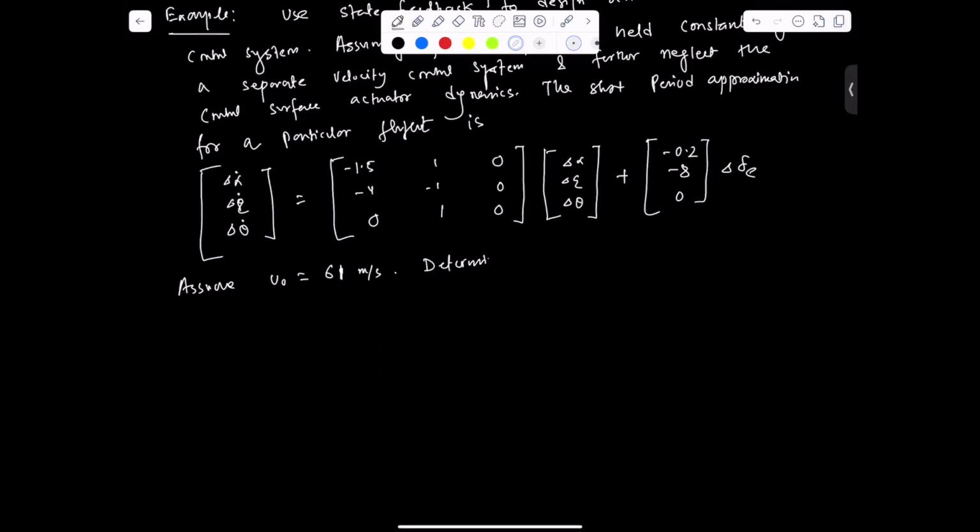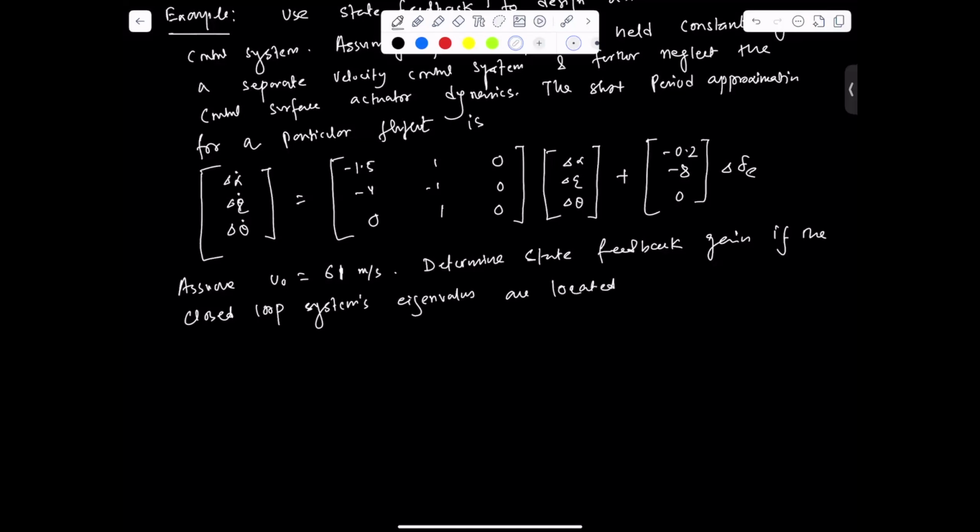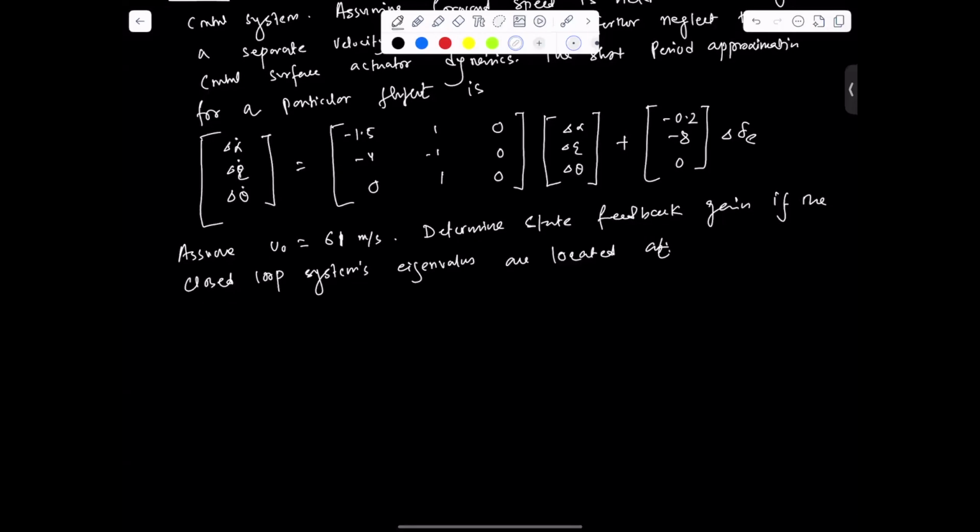Determine the state feedback gain if the closed loop system eigenvalues are located at, so these are the desired poles from which we'll find the characteristic equation, and the system should follow that characteristic equation, right?